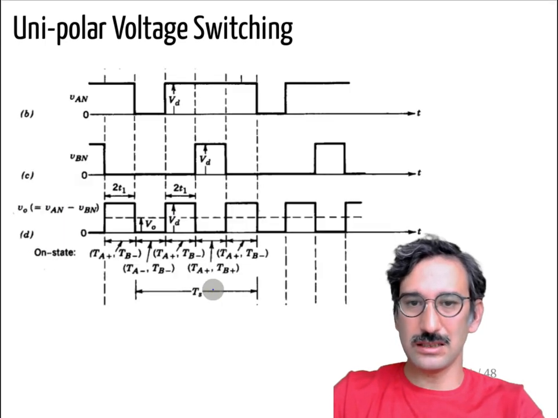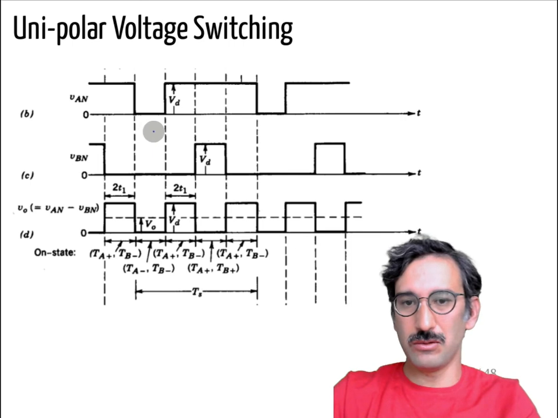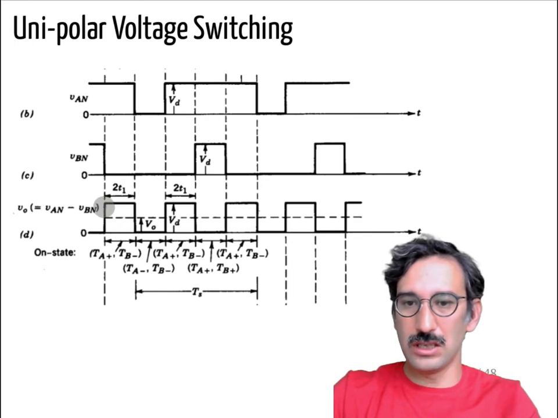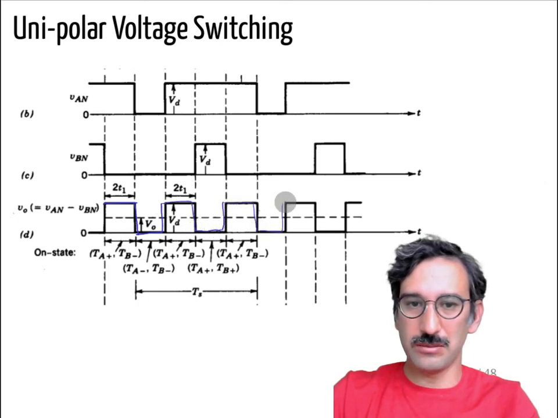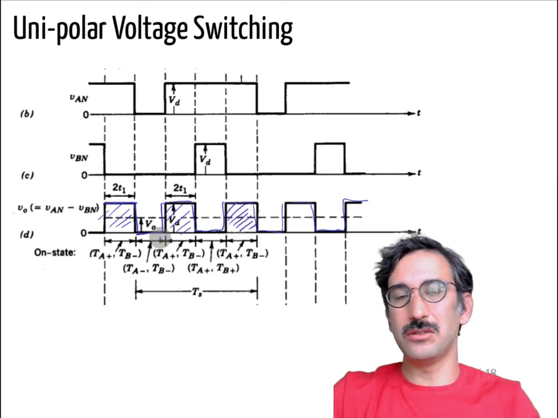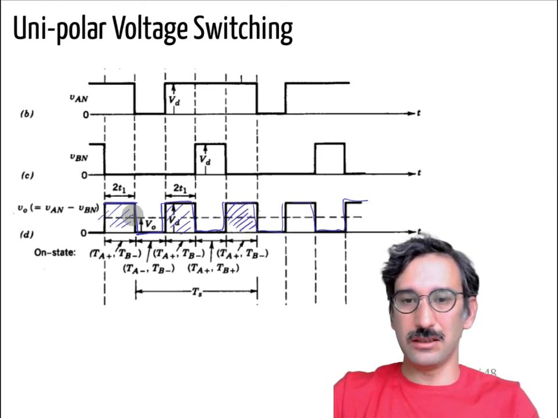So in this case, if you just have a look at the output, since here I would like to generate a positive voltage, I generate VD and I have 0. So instead of going down to negative voltages, when I am generating some positive output, it is more efficient, because I don't have to deal with the negative voltages.